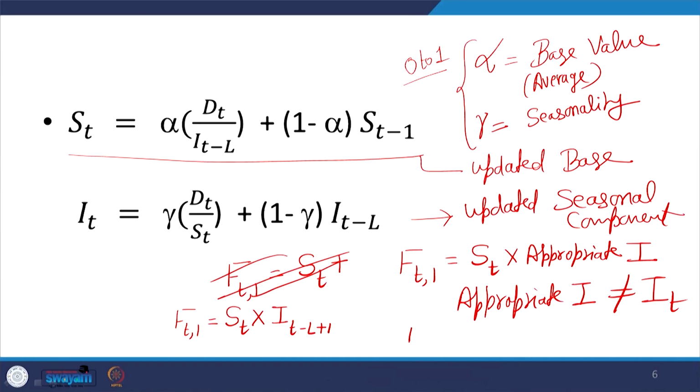here the period of seasonality. L is the period of seasonality. So, here we have monthly data available, so the period of seasonality is 12 months. After 12 months, the phenomenon is going to repeat.